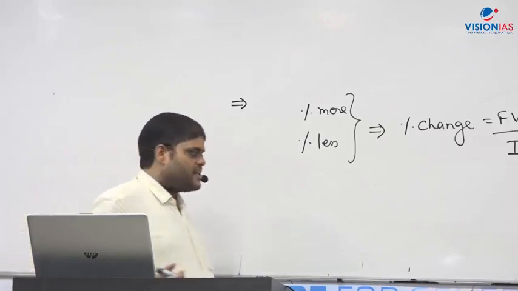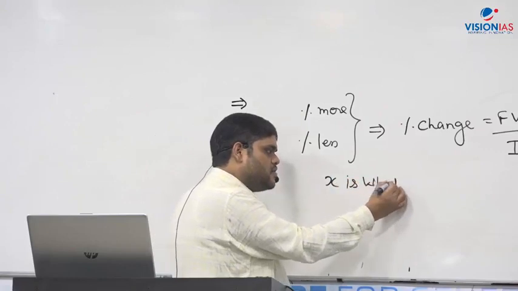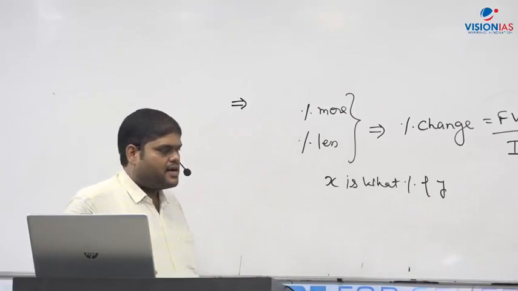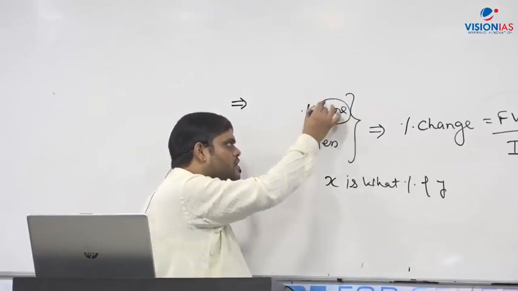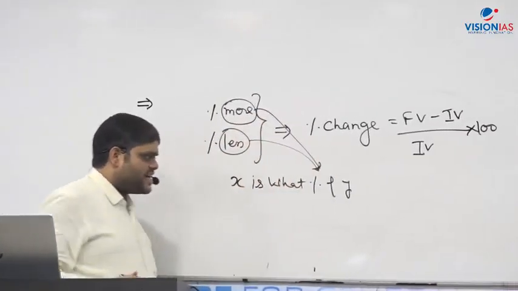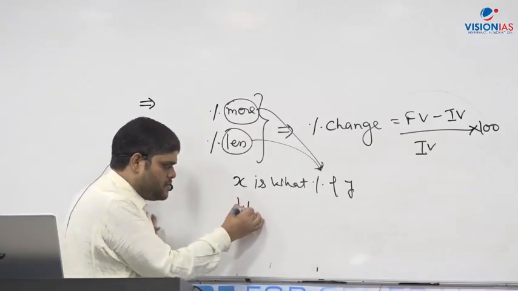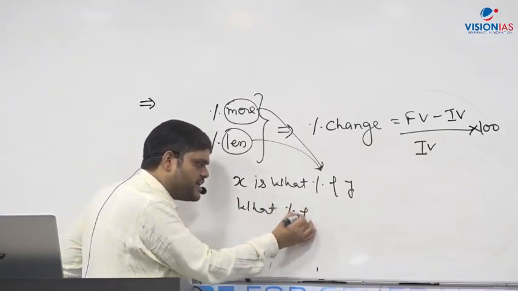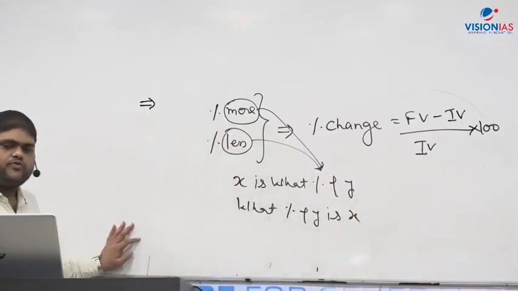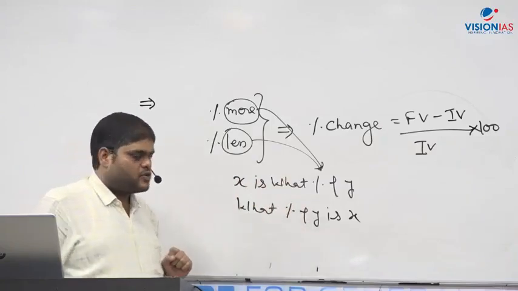Now sometimes they will ask, x is what percent of y? Now what is missing here? The more and less is missing here. It is only asking what percent of y is x, or what percent of y is x. This terminology will be there in the question.